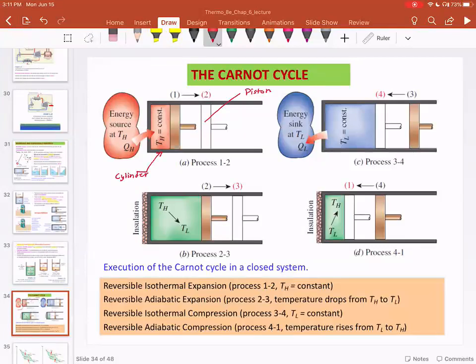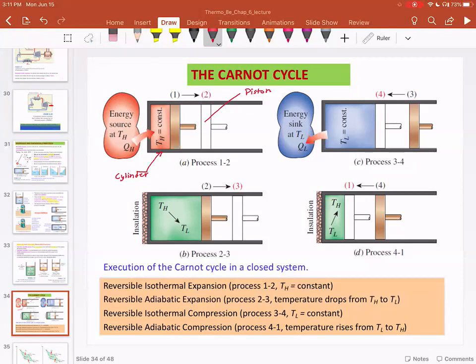And what is happening is the first process, which is from 1 to 2, is a reversible isothermal expansion, which means the temperature is remaining constant. The next process, which is from 2 to 3, is reversible adiabatic expansion, which means the temperature drops down from T high to T low.